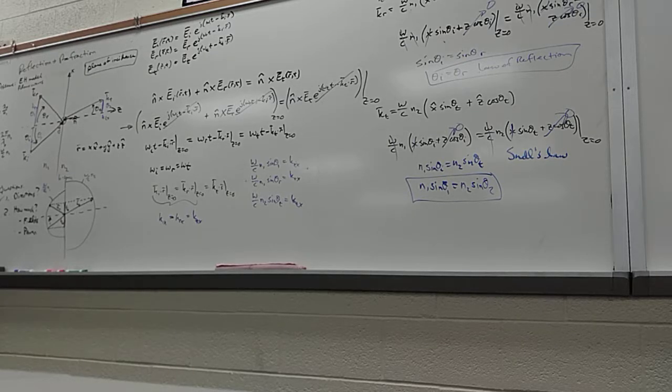And how many of you have seen wave vector diagrams? Okay, some of you. So this is where it comes from. It comes from the boundary conditions, the fact that the phase terms have to be equal. And have any of you seen a wave vector diagram where the surface is a diffraction grating? Okay.